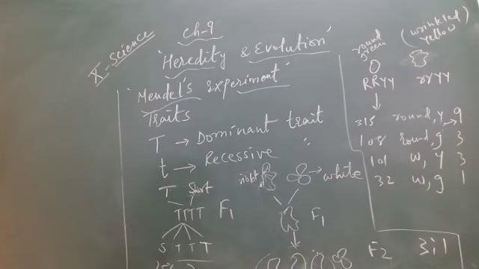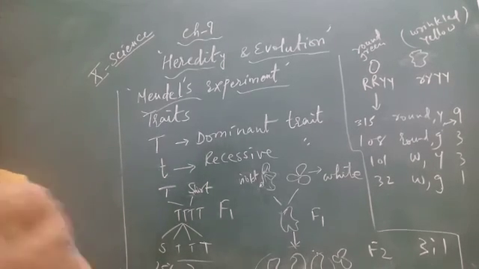Such a mechanism of inheritance explains the results of Mendel's experiments, and it is used by all sexually reproducing organisms. Okay, now these three experiments, you can see their results.